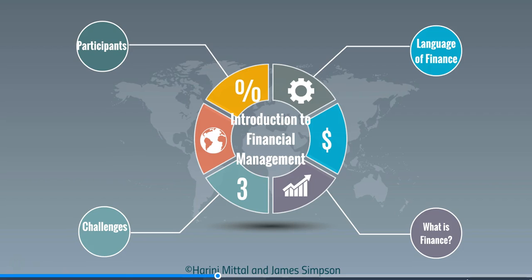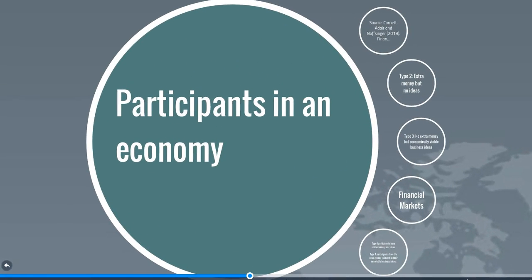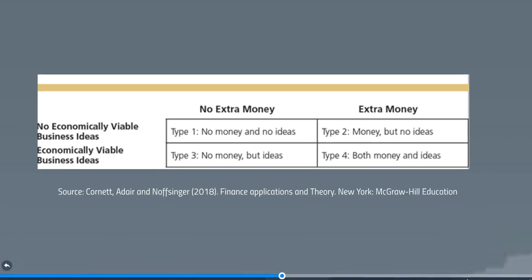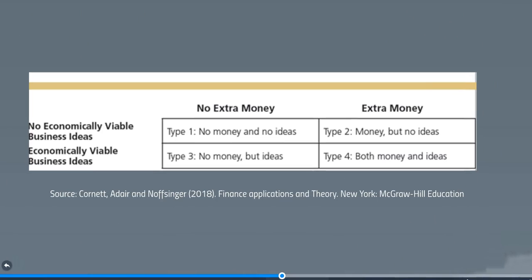Now let us look at the participants in the world of finance. In order to understand the world of finance, we need to know who participate in this world. There are 4 types of participants in an economy, as you can see in this figure. Type 1 participants are those who have no extra money and no economically viable business ideas.